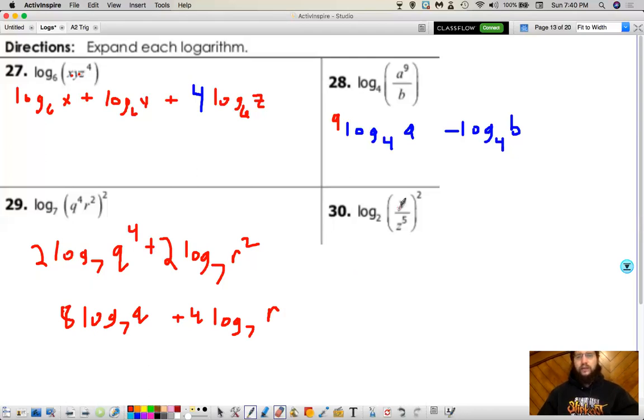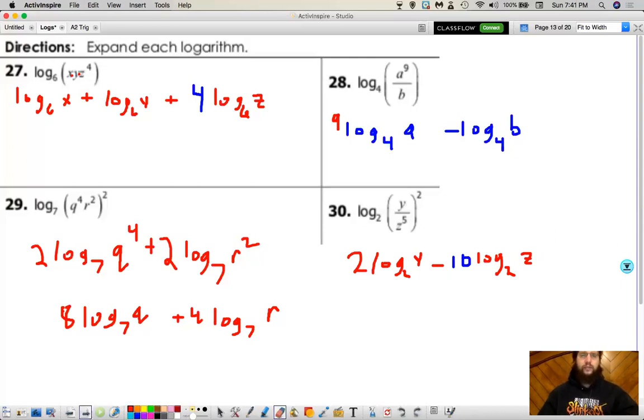Same sort of thing here. 2 log base 2 of y minus 2 log base 2 of z to the 5th. This exponent's going to come out here. 5 times 2 is 10. This becomes a 10. Goodbye.